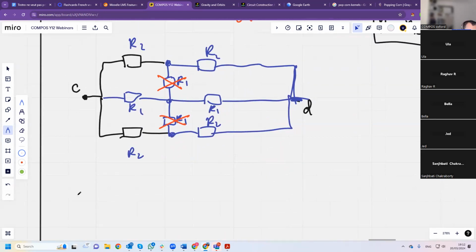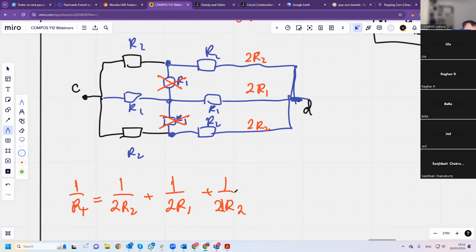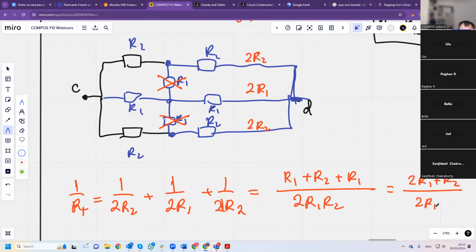So the total resistance is given by 1 over R total equals 1 over 2R2 plus 1 over 2R1 plus 1 over 2R2, because the resistances are 2R2, 2R1, and 2R2. That makes it 2R1 R2 over 2R1 plus R2.